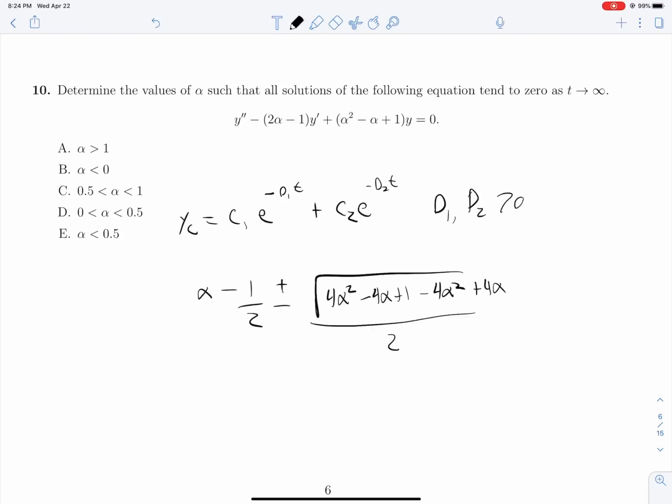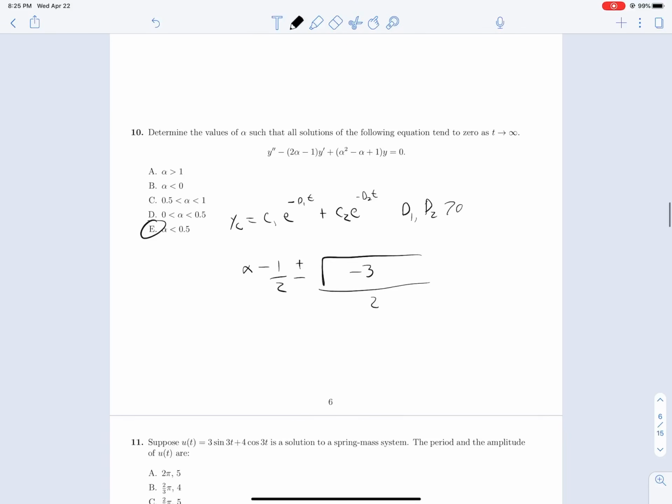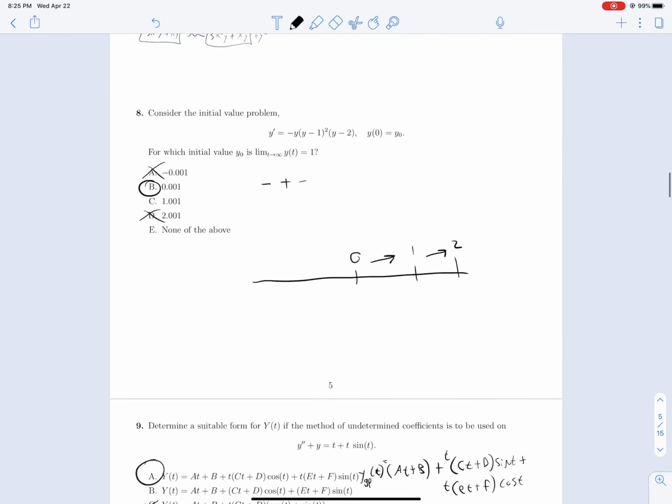That's minus 4. Yeah, so these two alpha components cancel, and we get negative, if I'm correct, it looks weird, but negative 3 in there, which is, as I was saying, perfectly fine. That will just contribute some rotation to our solution as they kind of spiral down the drain back into the origin as t approaches infinity. And this component right here will always be negative so long as alpha is less than 1/2. So 10 is e.